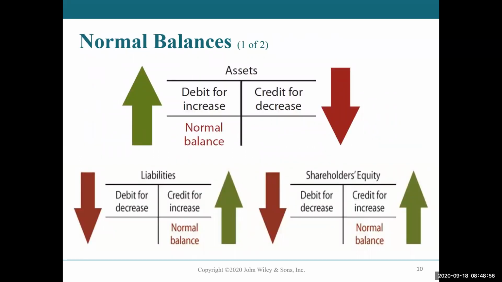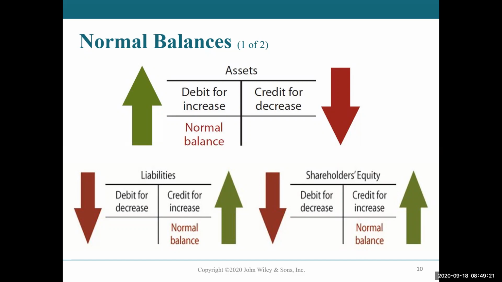If you are looking at an asset account, the normal balance for the asset is a debit. What normal balance means is that every single account we work with will have a normal balance. That normal balance could be a debit or a credit, and it entirely depends on which account we are looking at.